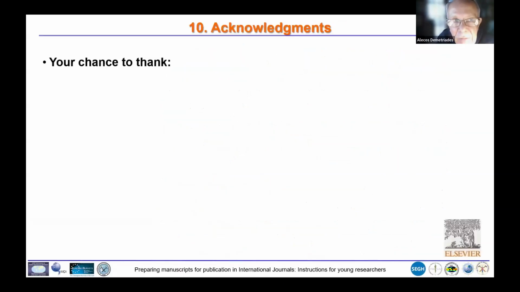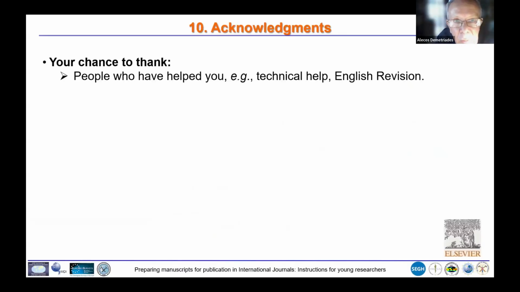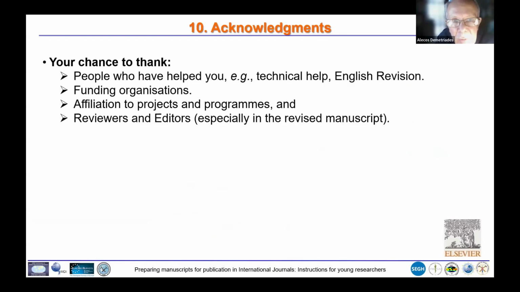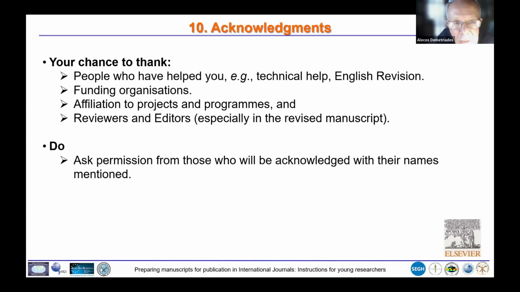Acknowledgements. These are very important because it's your chance to thank people that will help you, for example, technical help, English revision, funding organizations, affiliations to projects and programs, and reviewers and editors, especially in the revised manuscript. Do ask permission from those who help you, who will be acknowledged with their names mentioned.